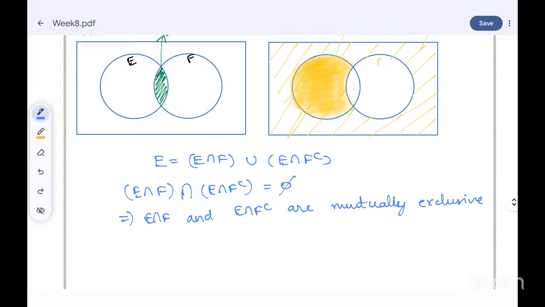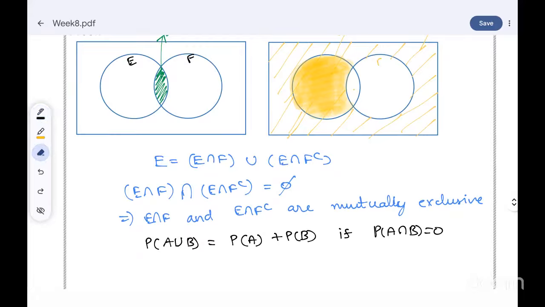If they are mutually exclusive, so if you have P of A union B, where A intersection B is empty, then what will be the formula for A union B? Simply probability of A plus probability of B, right?